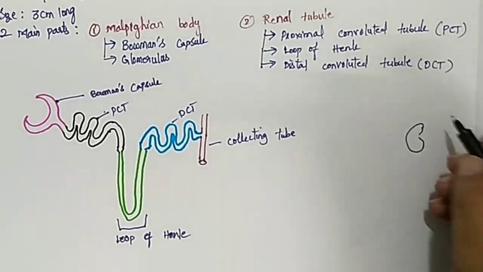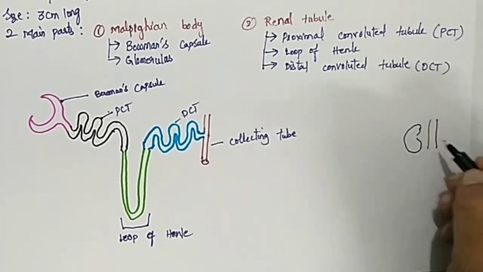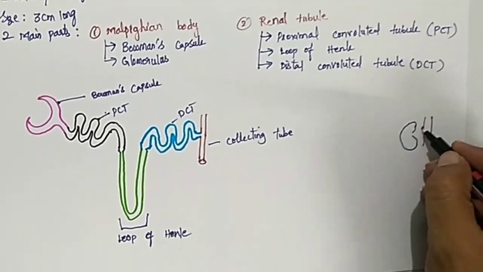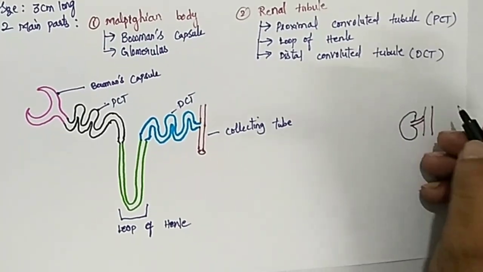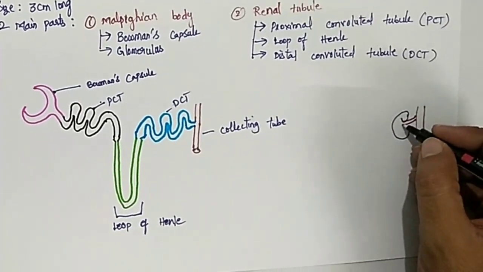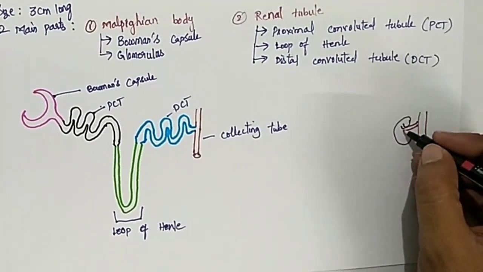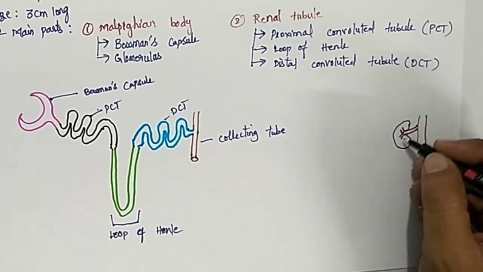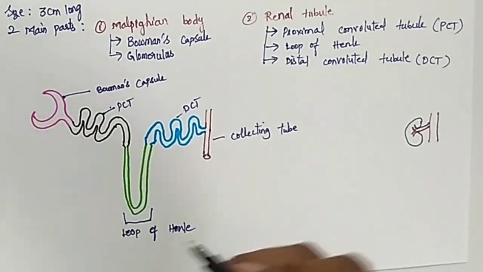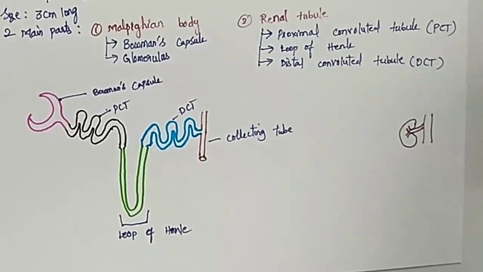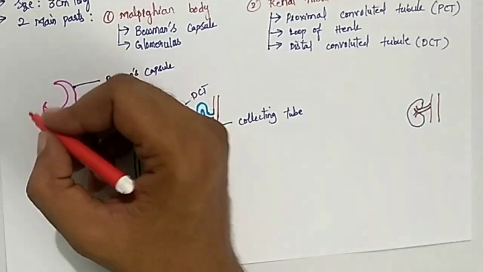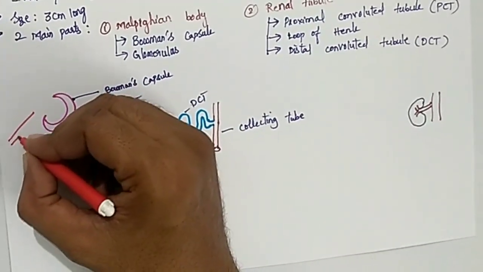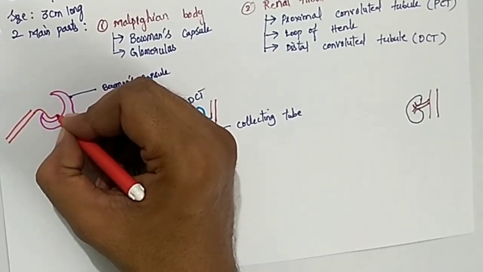Here you will get a renal artery. The renal artery will enter into this kidney and divide into afferent arterioles. So let us draw the afferent arteriole here. They enter into Bowman's capsule.